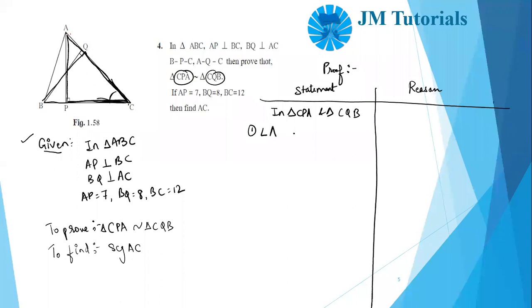ACP is congruent to, in the smaller triangle, QCB. And the reason is common angle. Second reason, angle APC is 90 degrees, and that is equal to angle BQC, because here also there is a 90 mark given.